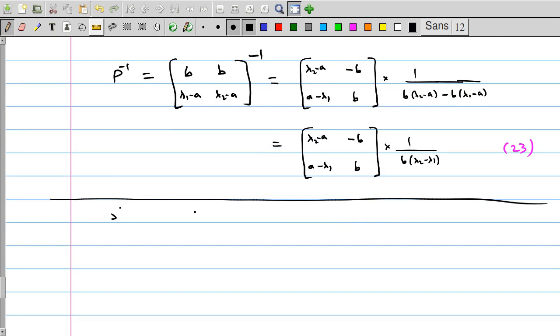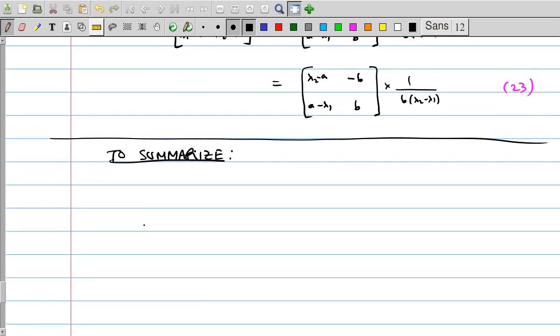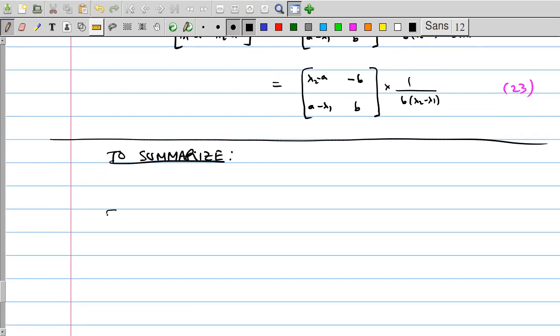So what we've just shown, to summarize, is A, B, C, D equals, what was P now?